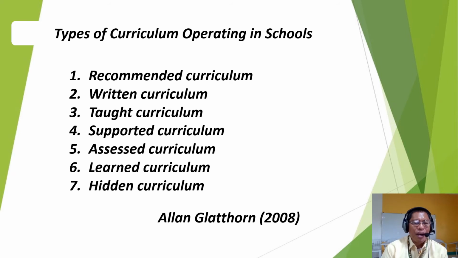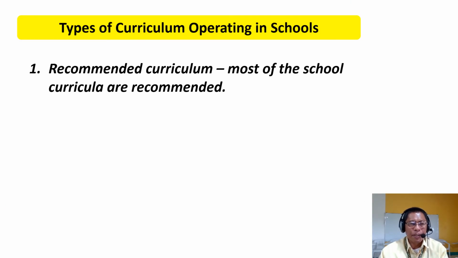So here we have the recommended curriculum, the written curriculum, the taught curriculum, supported curriculum, assessed curriculum, learned curriculum, and the hidden curriculum. Let's talk about this one by one. Okay.